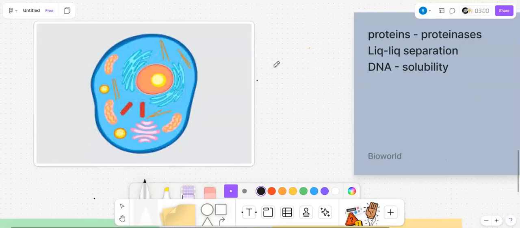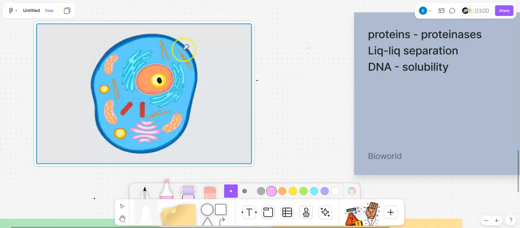So see, here is the cell. Cell doesn't only have the DNA. DNA is center లో ఉంటుంది, but we have also other molecules like mitochondria, endoplasmic reticulum, Golgi apparatus, all of this.